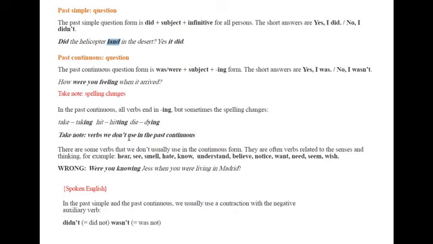Verbs we don't use in the past continuous. There are some verbs that we don't usually use in the continuous form. They are often verbs related to the senses and thinking, for example hear, see, smell, hate, know, understand, believe, want, need, seem, wish. This is wrong: "Were you knowing just when you were living in Madrid?"